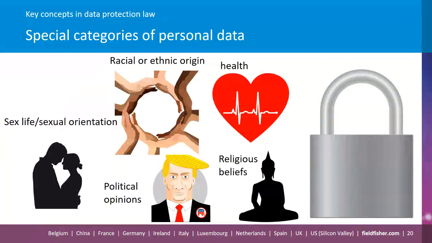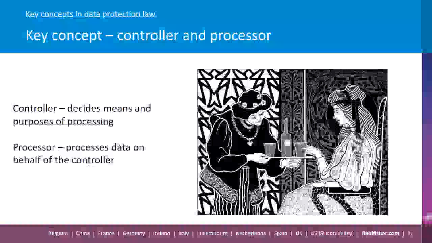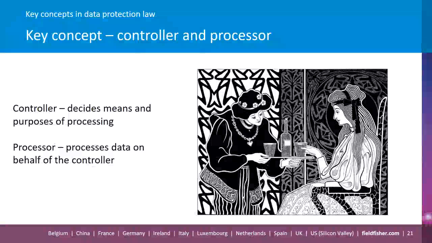And here's another key concept of controller and processor, and I've illustrated it in this picture here. So the lady sitting there getting her drink is a bit like a controller in data protection law. She's decided what she wants. She's the person in charge and making the decisions. And so here she's asked this lady, obviously, to bring her what she would like to drink, but turning that into a more data protection relevant context.